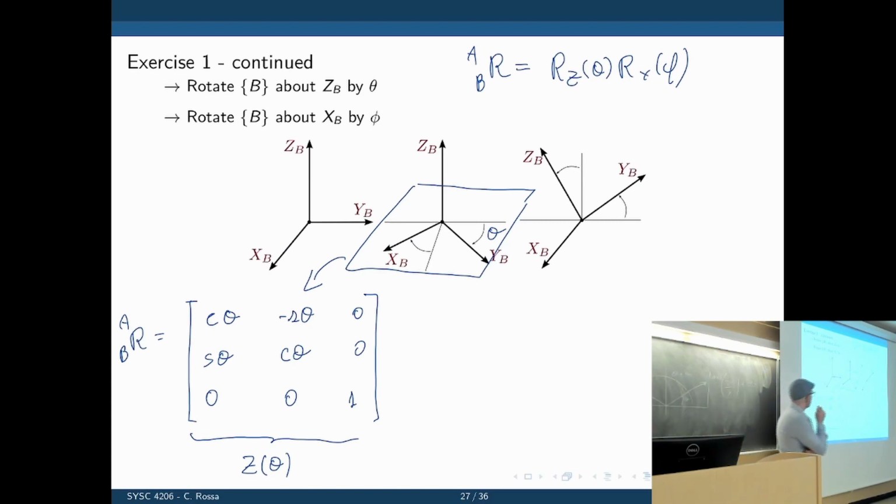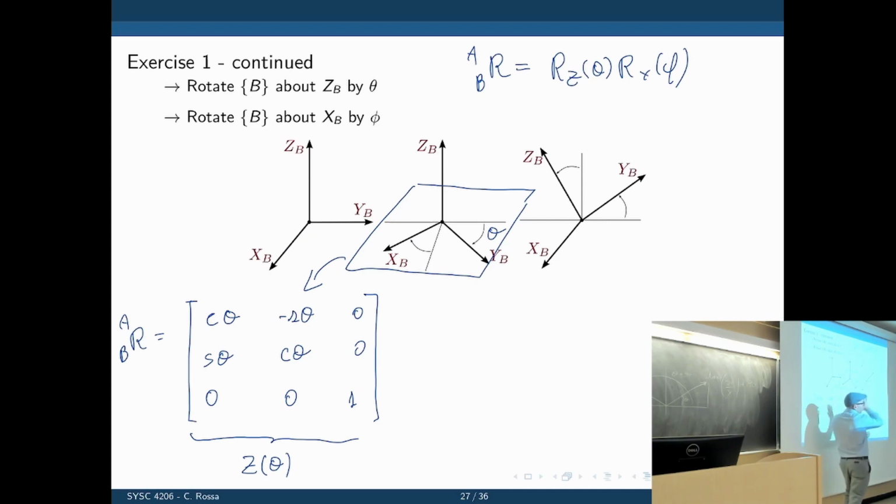What is the next one? Next one is about X, but XB. Alright, so theoretically it's rotating that way. So to visualize a bit better, I kind of moved stuff around.